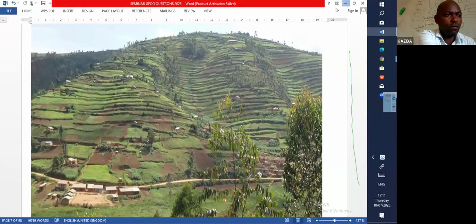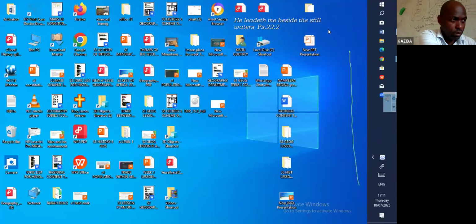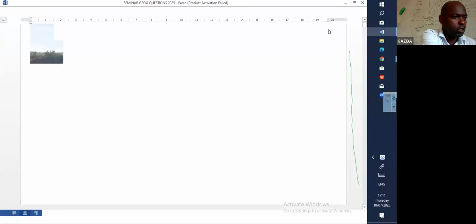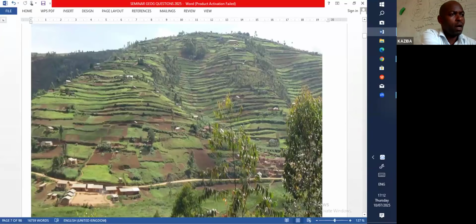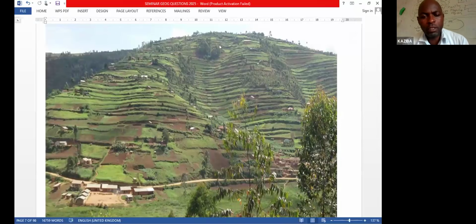For aerial photographs, we mention top, center, bottom. For aerial photograph, after drawing the photograph, you mention top, center, bottom. Don't mention background, don't mention foreground, no.